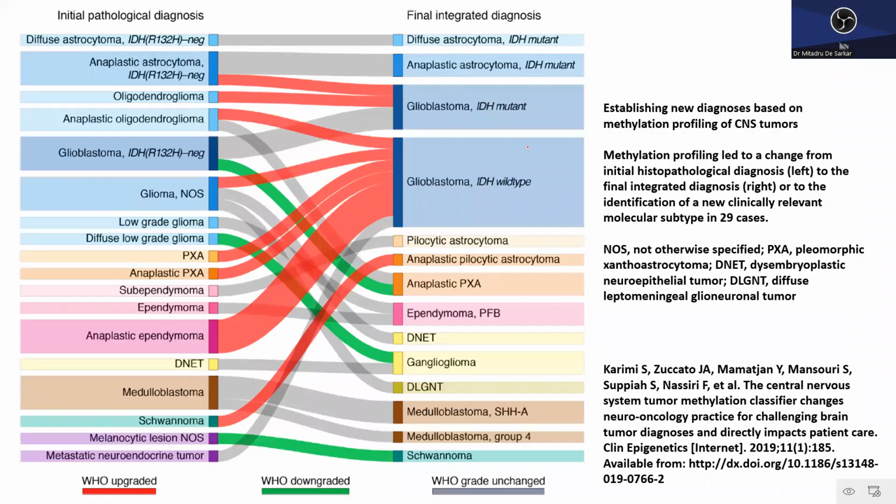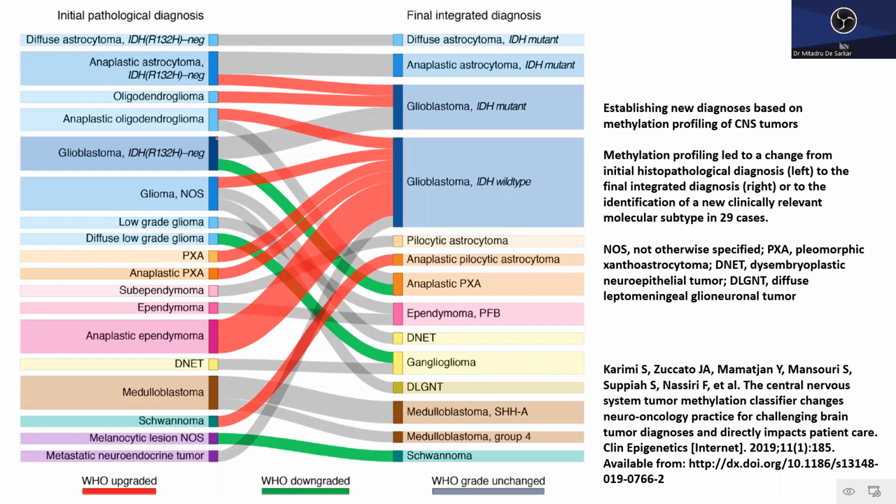Now, as you see, DNA methylation profiling is a very powerful tool. In this particular journal article, it has been shown that lots of different tumors which were previously diagnosed by a combination of histology with IHC later got upgraded or downgraded to a different tumor class altogether after utilizing DNA methylation profiling.